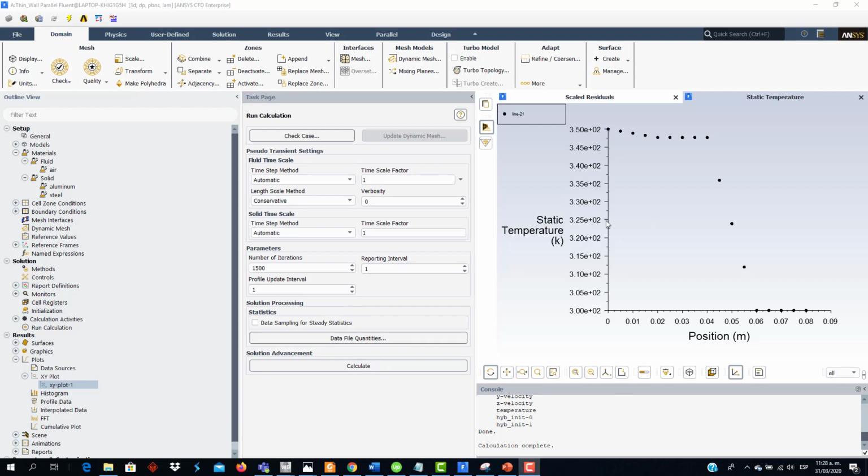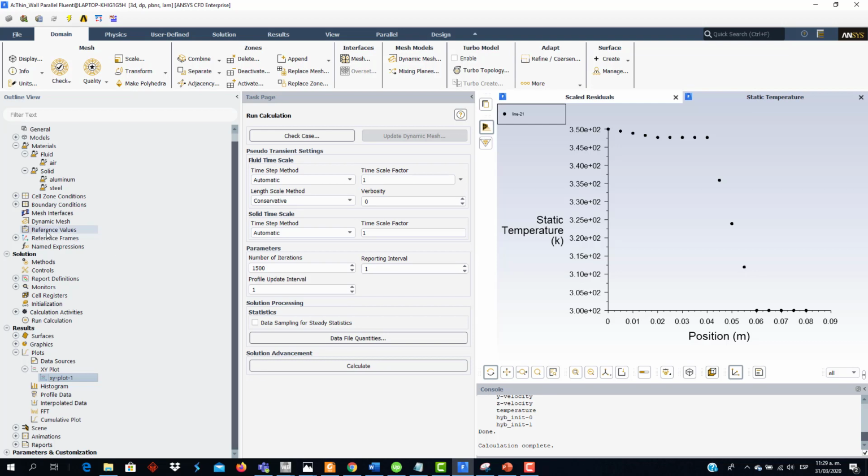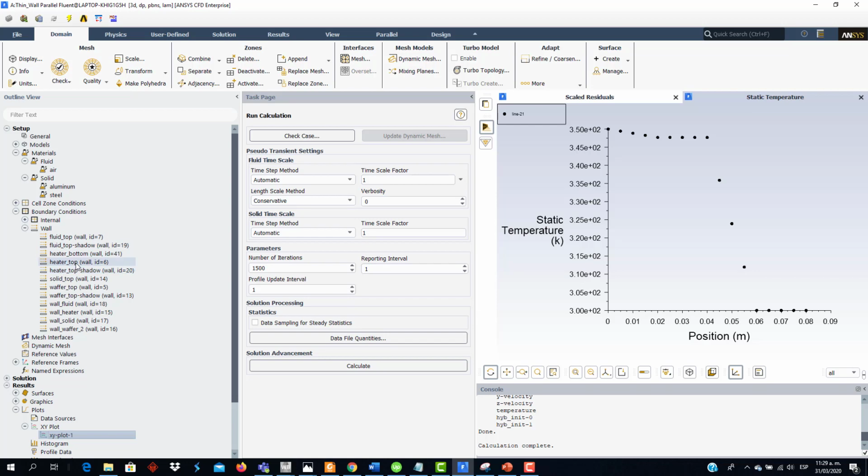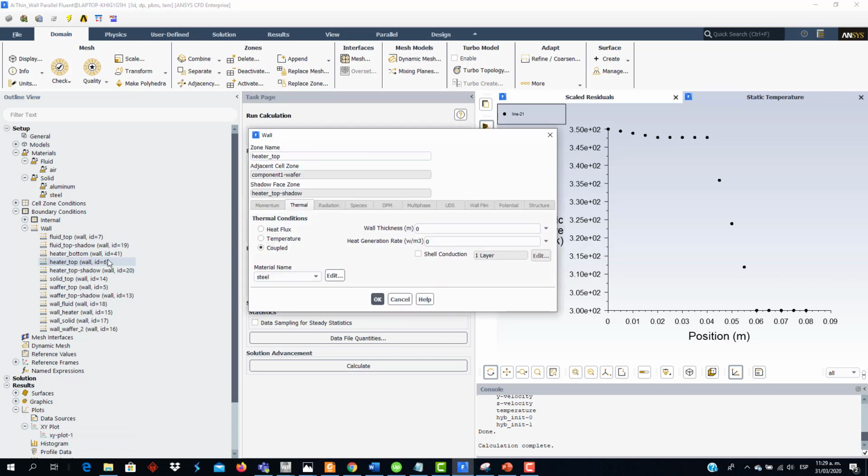Then let's see how we can do it. Right now, what I'm going to do is to add a thickness to the top wall of the heater. Let's go to the boundary conditions, and I have the heater top wall. Then I'm going to use a wall thickness, and in this case I'm going to use a non-realistic wall thickness, only to increase the effect that this model has in the heat transfer process.